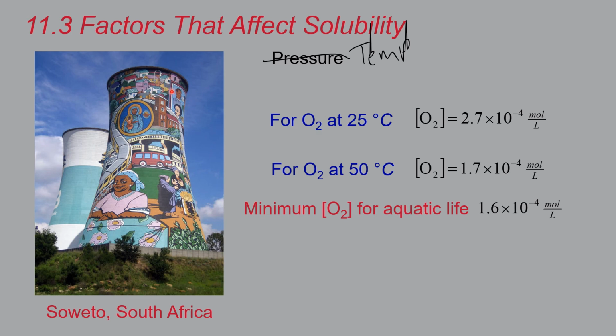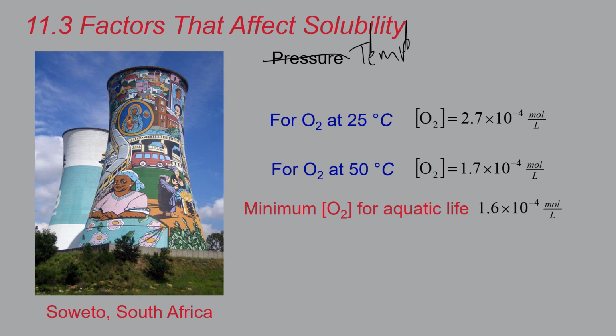So what these towers did, and they're actually hollow, is they did two things. They cooled the water, and the water actually fell through the air from the top, and it would be collected down at the bottom. And that falling through the atmospheric air allowed it to pick up oxygen from the air. So it was at least oxygenated enough to support aquatic life once you would put it back in the lake or the river.